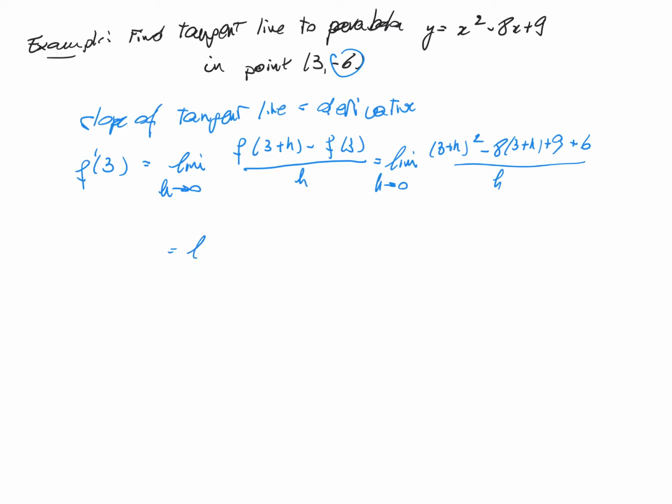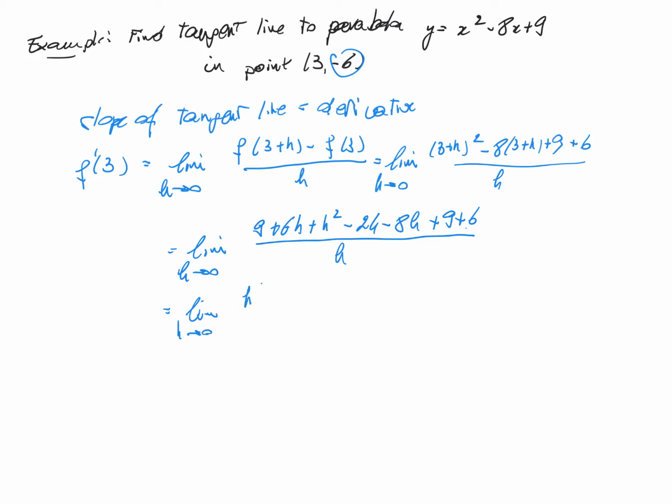Then we work it out, so it becomes the limit h to 0 of 9 plus 6h plus h squared minus 24 minus 8h plus 9 plus 6, over h, which is the limit h to 0 of h squared minus 2h, and then we have 9 plus 9 plus 6 minus 24 is 0, divided by h. This is the limit of h minus 2 for h going to 0, or it is minus 2.